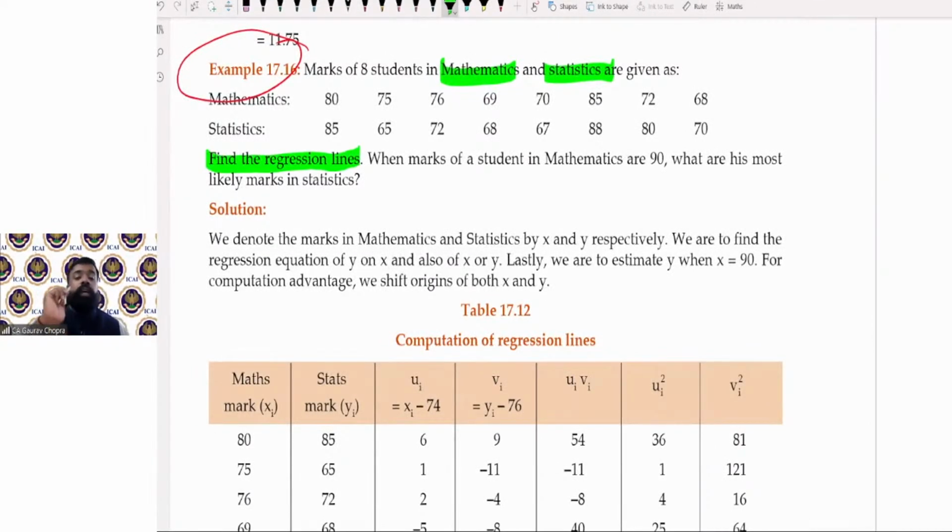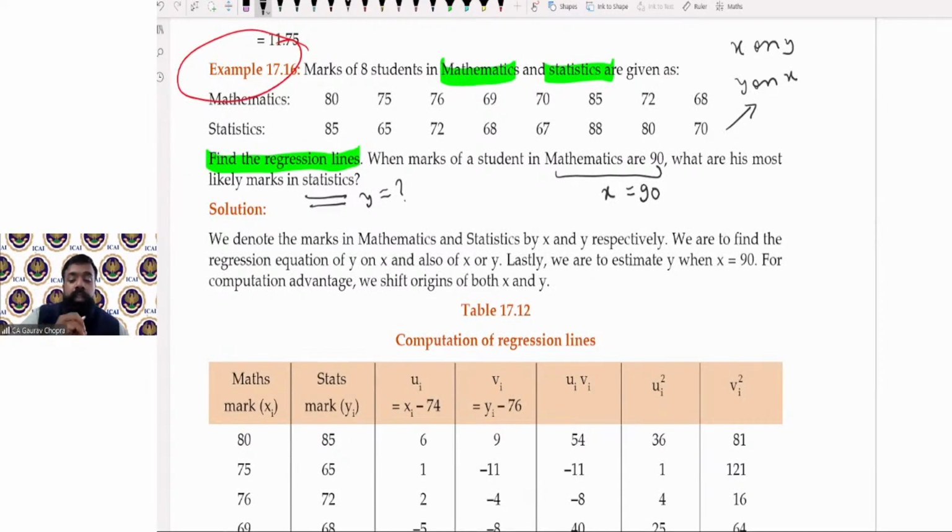That means you have to find both the equation x on y as well as the equation y on x using our formula. Then when the marks of a student in maths are 90, so if we have taken maths as x, the value of x is 90, then find out the marks in statistics, so y we have to calculate. So if you have to calculate y, then put this in the equation y on x.